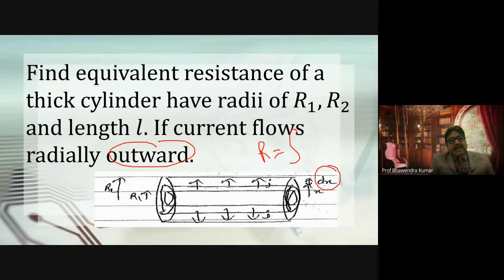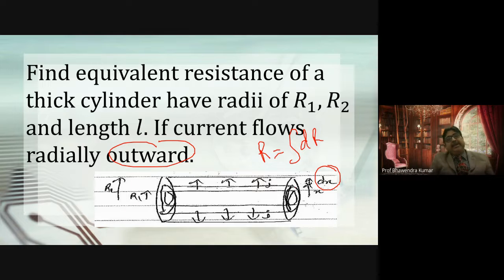So we have to find the value of the resistance. In this case, R will be integral of dr, because all those elements that we are going to consider are connected in series. Can you imagine different layers of the cylinder? All those layers through which the current is passing are in series.